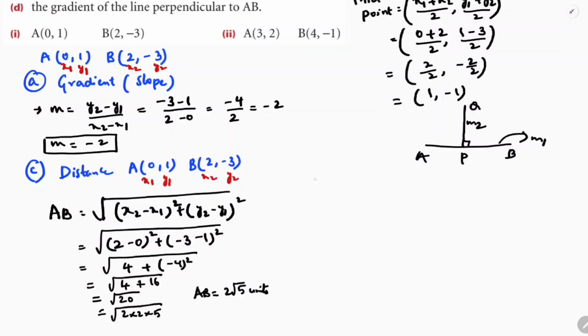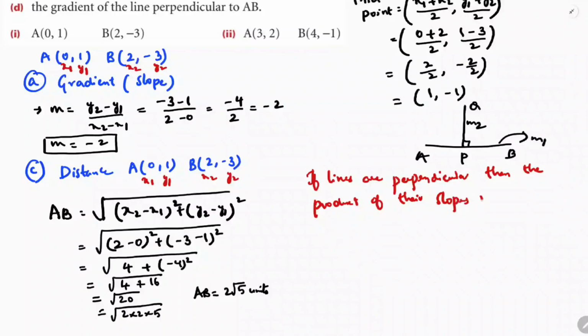If lines are perpendicular, then the product of their slopes is minus 1.